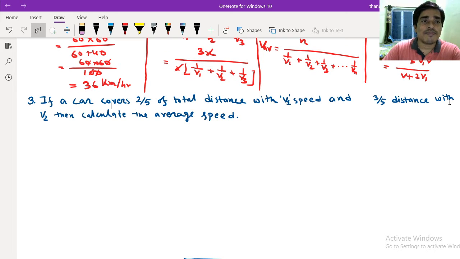Now number 3: if a car covers 2/5 of the total distance with V1 and 3/5 of the distance with V2, then calculate the average speed.